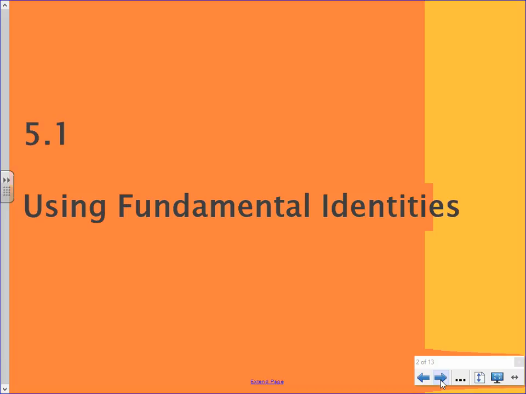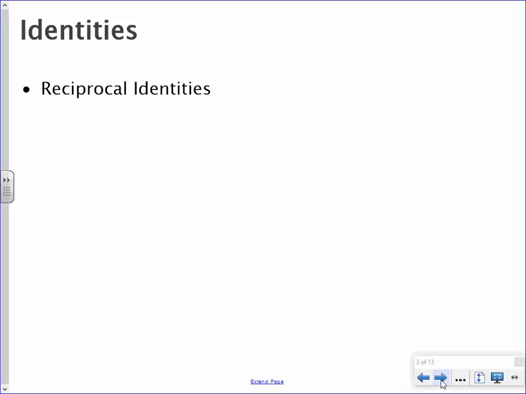Okay? So, what's nice is at least two of the three identity groups you kind of already know. The first group is the reciprocal identities. We're talking about trig, and up there is written reciprocal identities.